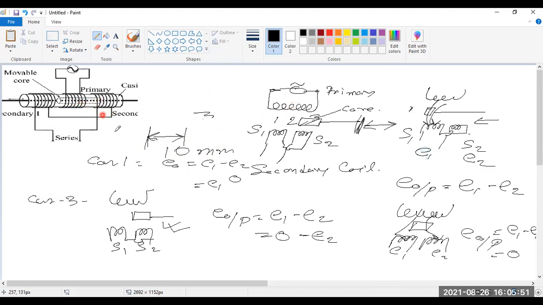And for the construction, you can see there is a primary coil and there is a secondary coil. In between the primary and secondary, there is a hollow type core. The core position is measured by the electrical quantity. Core position means where my object is. The object position is decided by the electrical quantity we can measure.